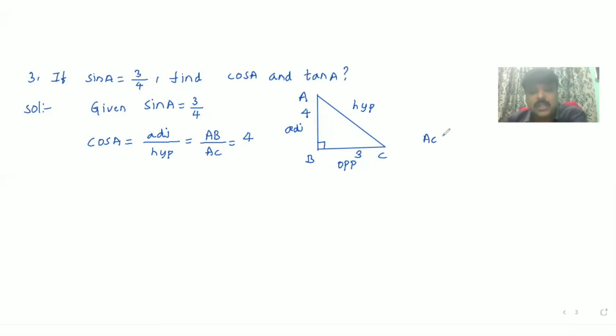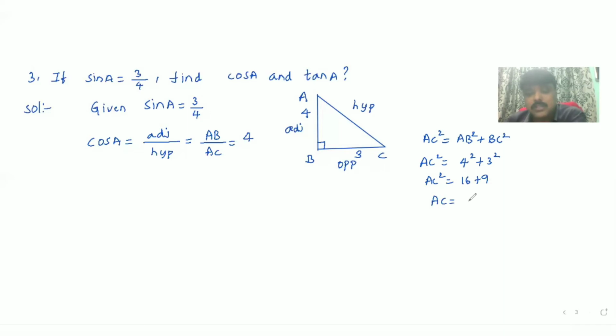From the Pythagorean theorem, we can write AC square equals AB square plus BC square. AC square equals 4 square plus 3 square. AC square equals 16 plus 9.